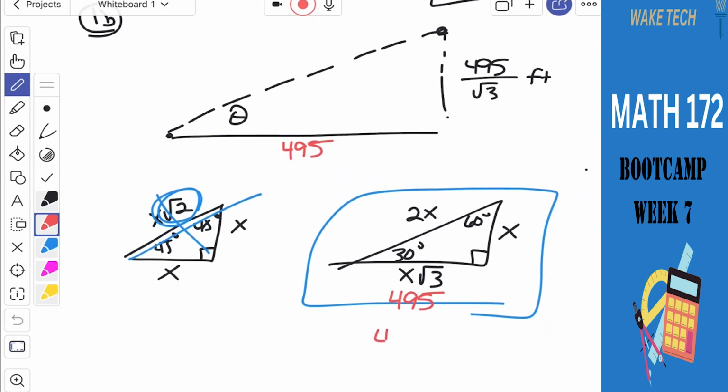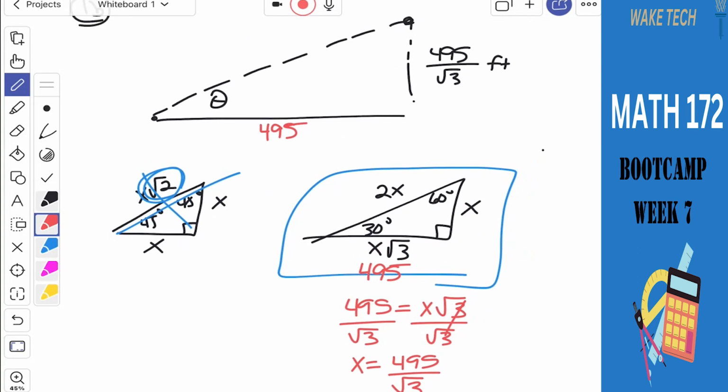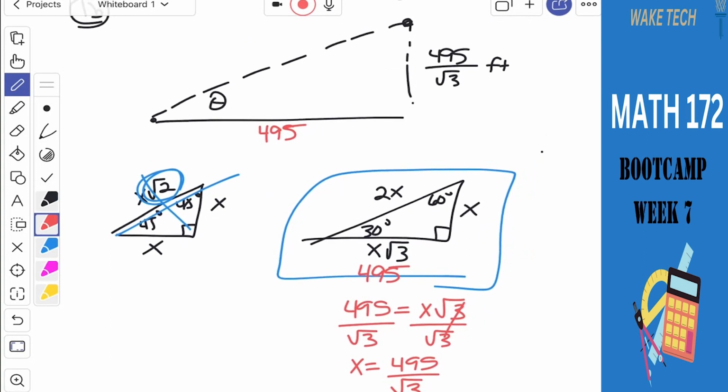If 495 is equal to x times the square root of 3, that would tell us that x is 495 over the square root of 3. That tells us that this actually is a 30, 60, 90 triangle. 30 degrees goes here, 60 degrees is at the top, but the angle of elevation we're after is 30 degrees.